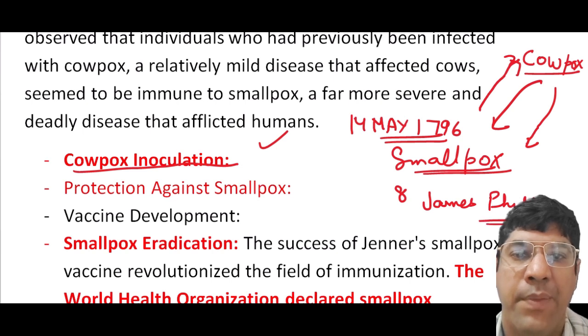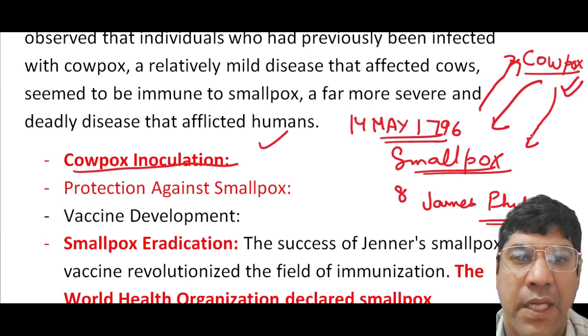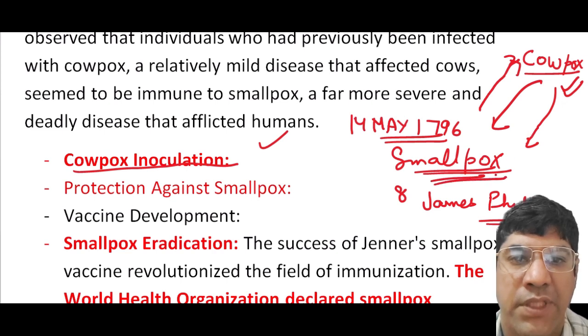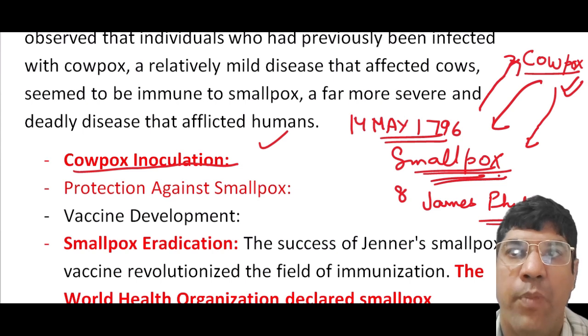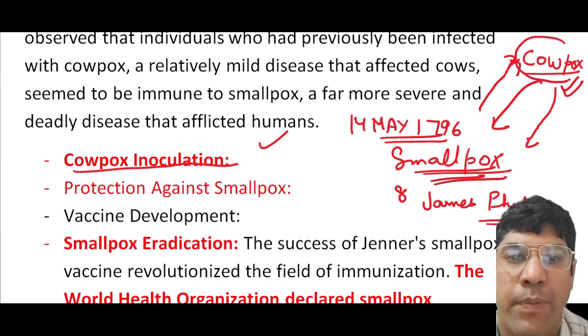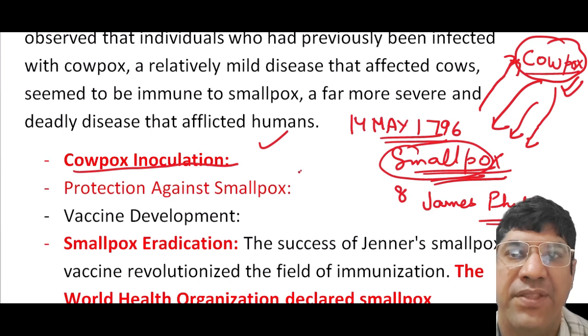The boy developed a mild case of cowpox, but he recovered quickly. After observing that James Phipps had developed immunity to cowpox, Jenner then inoculated the boy with smallpox material. James did not contract smallpox. So this experiment demonstrated that cowpox could protect against smallpox and laid the foundation for development of the vaccine.